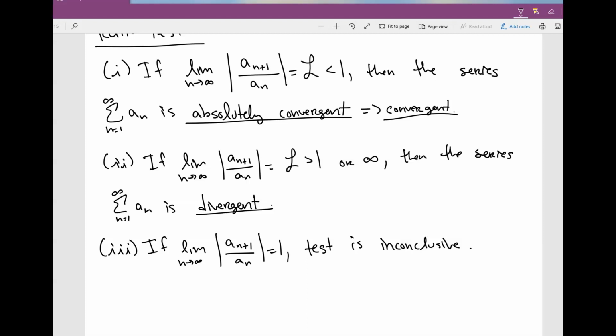Okay, so the ratio test is a very good test, and we're going to be using it a lot. So let's go ahead and do a problem with the ratio test.